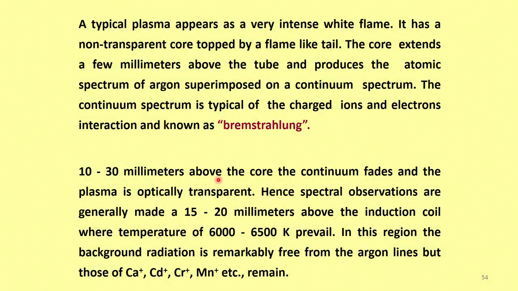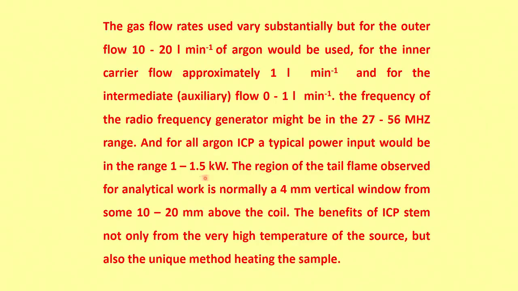So, the spectral observations have to be made about 10 to 20 millimeters above the induction coil, where a temperature of about 6 to 8000 Kelvin should be available. In this region, the background radiation is remarkably free from argon lines, that is good for us, but those of calcium, cadmium, chromium, manganese, nickel, iron, whatever element you want to determine, remain available to us to choose for the emission monitoring.